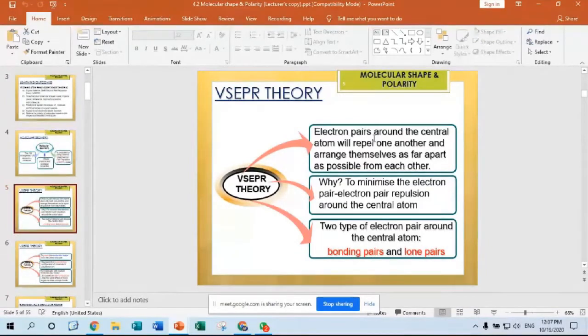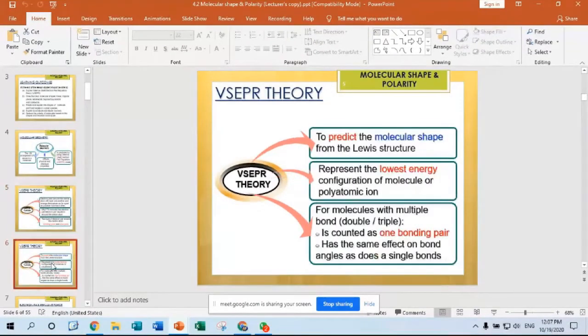Why do we need to arrange? Because we want to minimize the electron pair repulsion around the central atom. There are two types of electron pair around the central atom, bonding pair or lone pair. So this theory can predict the molecular shape, representing the lowest energy configuration of polyatomic ions and molecules.